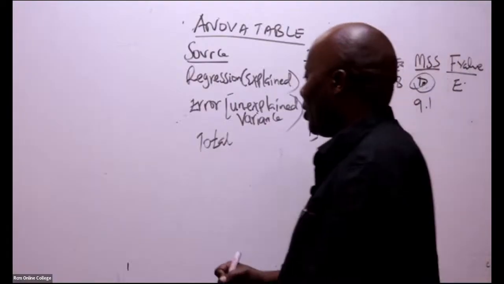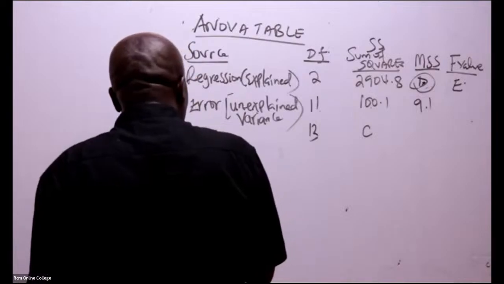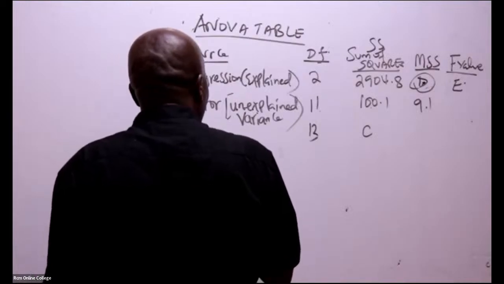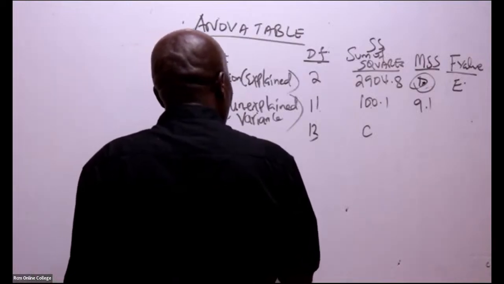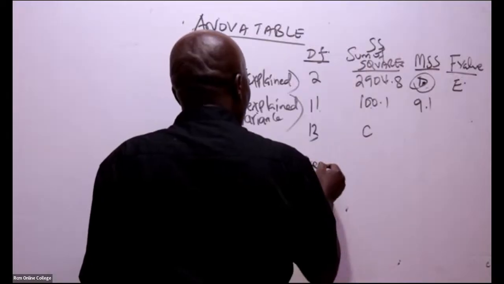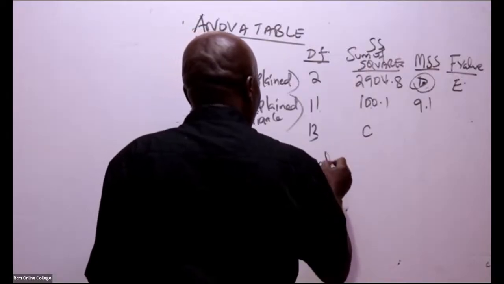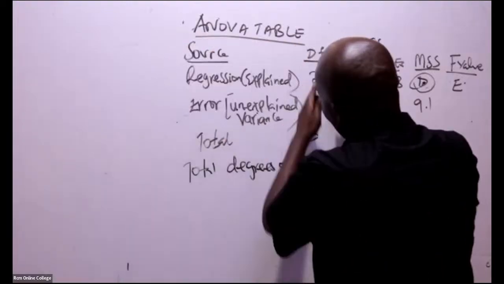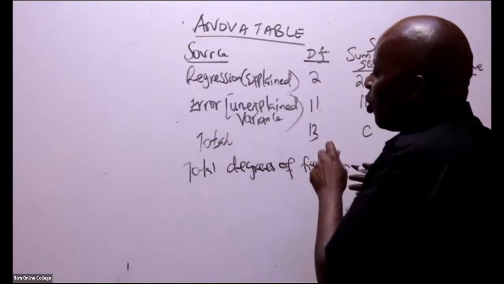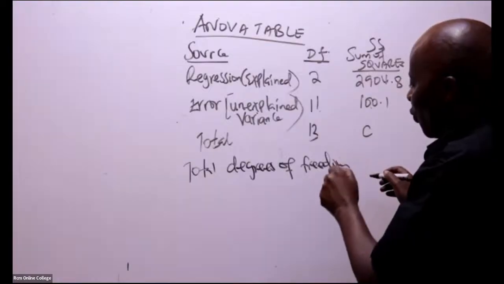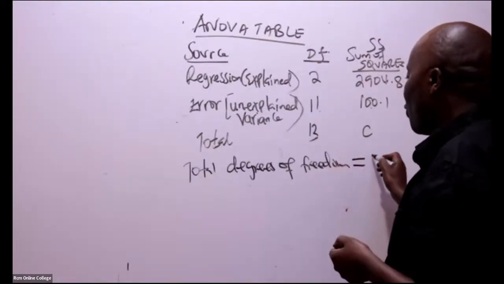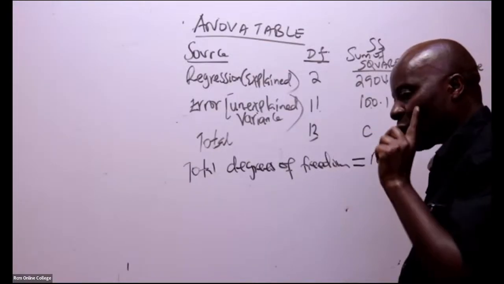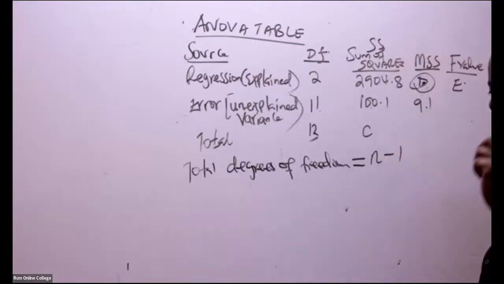We have total degrees of freedom, 13. How do we get these total degrees of freedom? To get total degrees of freedom, you'd always take n minus 1.